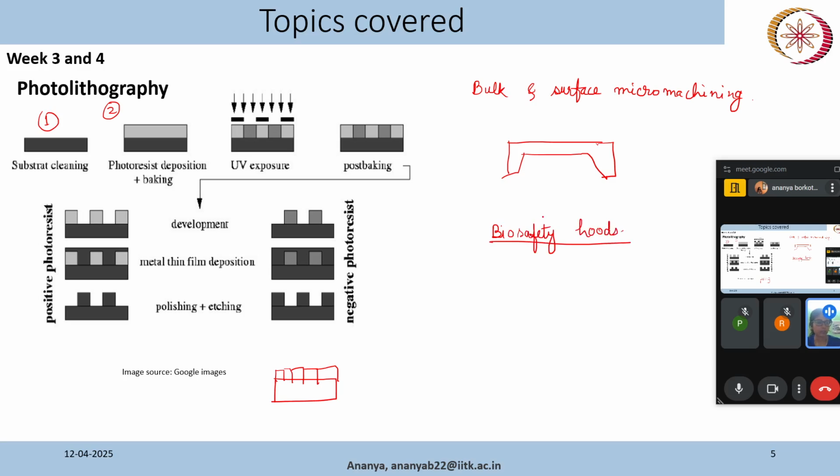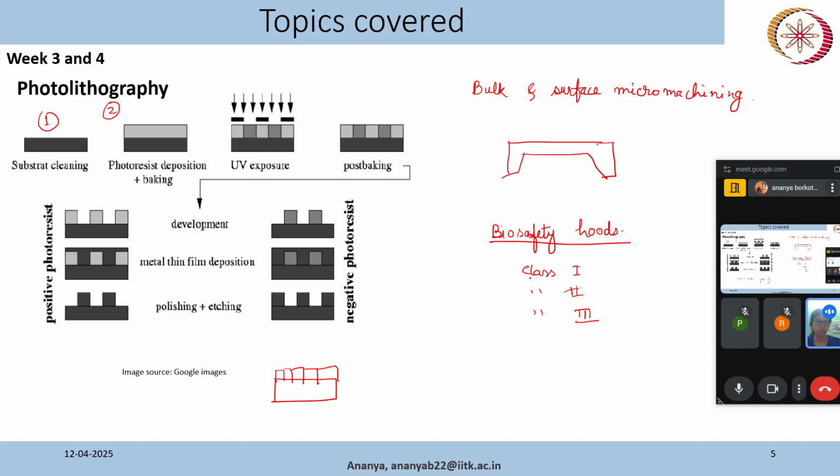There are different classes of biosafety hoods: class 1, class 2, and class 3. Now we already know the differences between these three classes. In class 1, the biosafety hood protects the person and the environment, but not the product. What does it mean?